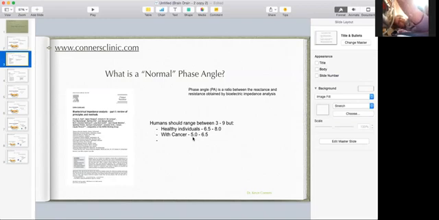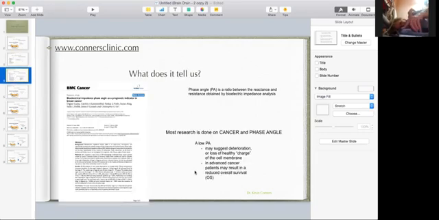What we really look for on a phase angle with a cancer patient is how it's moving. And I realize when we see somebody from Florida on a 2-day and they never come back up here to get that measured again, we can't even measure it again. But you can find another clinic that will measure your phase angle. That's where a lot of the studies with cancer are: which direction is that phase angle going throughout care.